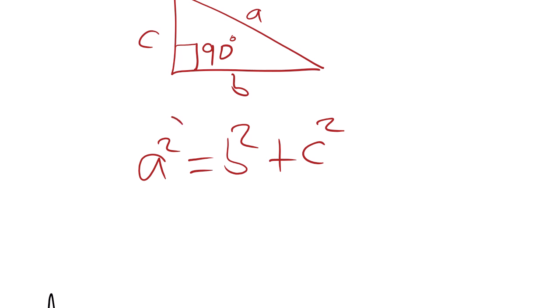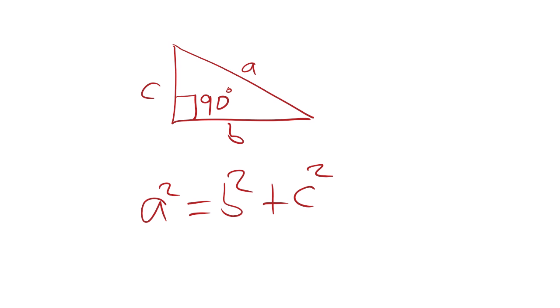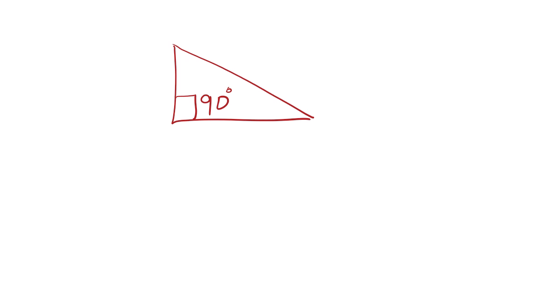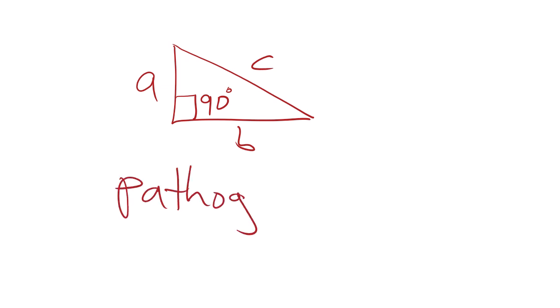They will give you this point and this point and ask you this, or they will give you B and A and ask you C. So let's write it this way: A, B and C. The formula is called the Pythagoras theorem.